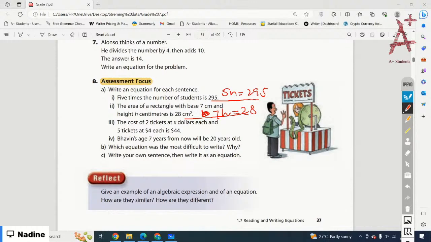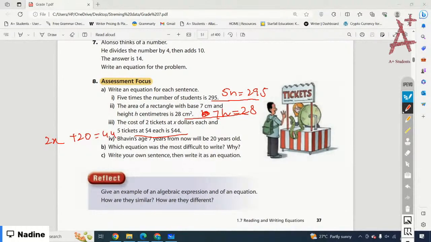Okay, the cost of 2 tickets at x dollars and the cost of 5 tickets at 4 each. 2 tickets at x, it would be 2x, and plus 5 tickets at 4. 5 times 4 is 20, and that equals 44, right?